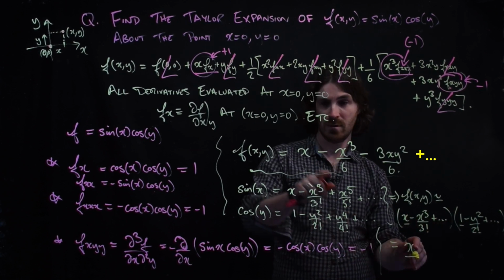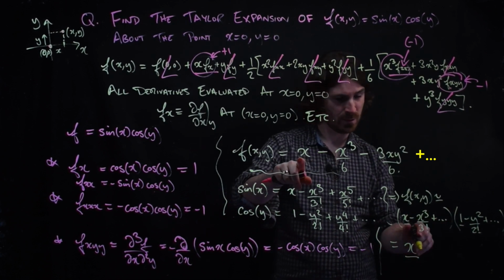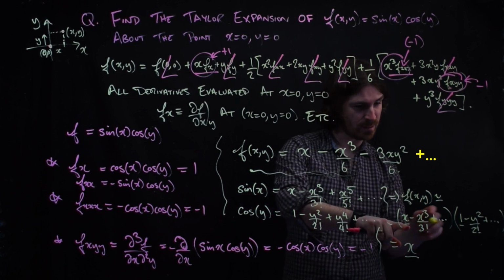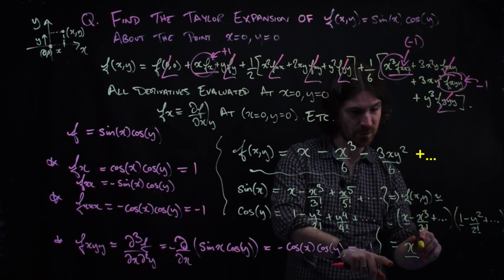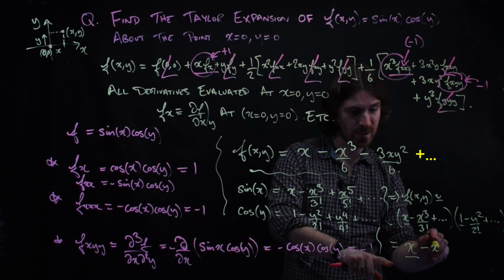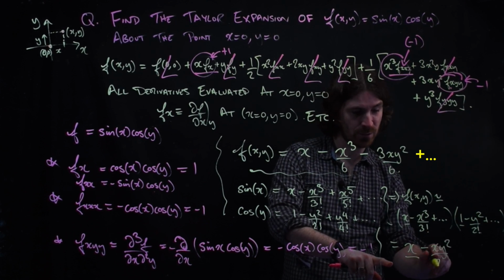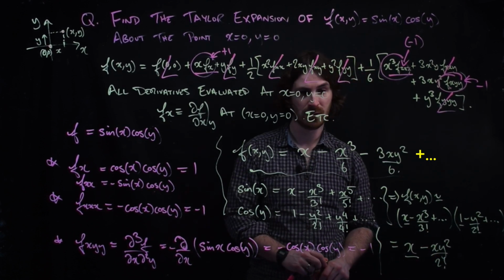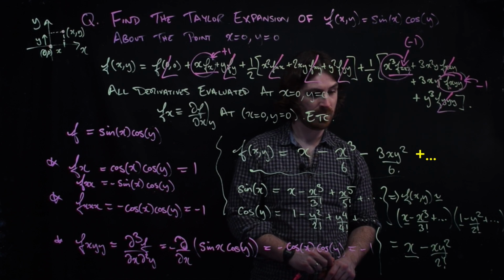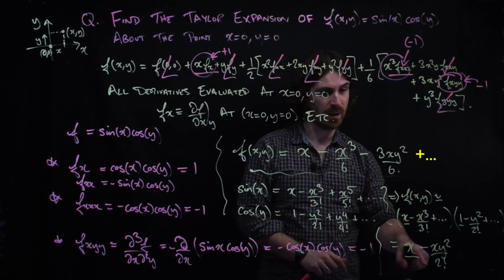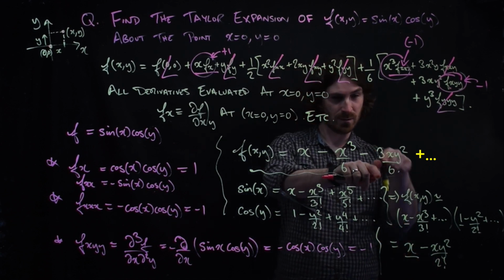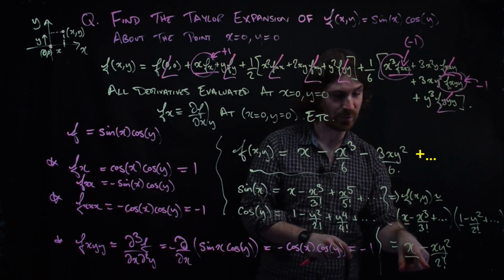Looking good. There is an xy squared over 2 factorial with a minus sign, minus xy squared over 2 factorial. Okay, and we've got an xy squared 3 over 6 is 1 over 2.